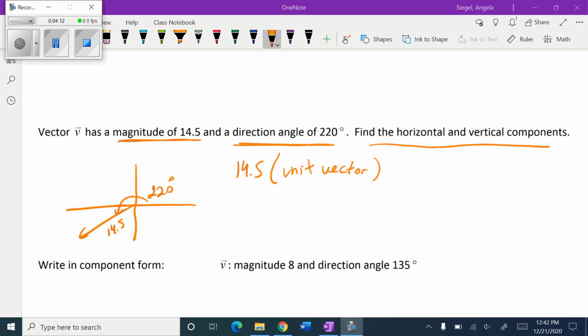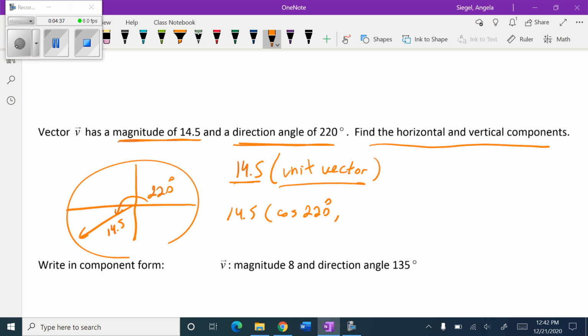This is very similar to the one that we did two problems ago. I set up graphically what it's going to look like, and then we're just going to take the magnitude times the unit vector. Even though 220 degrees isn't on our official unit circle, because it is part of the unit circle, we still take the cosine of 220 for my X value and the sine of 220 for my Y value.